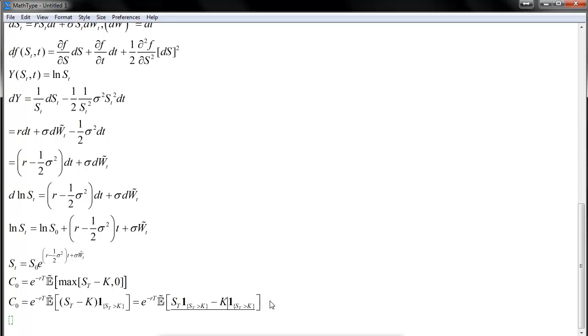Moreover, I can divide it into two expectations. Usually it is written like that. There should be the expectation sign, I mean.